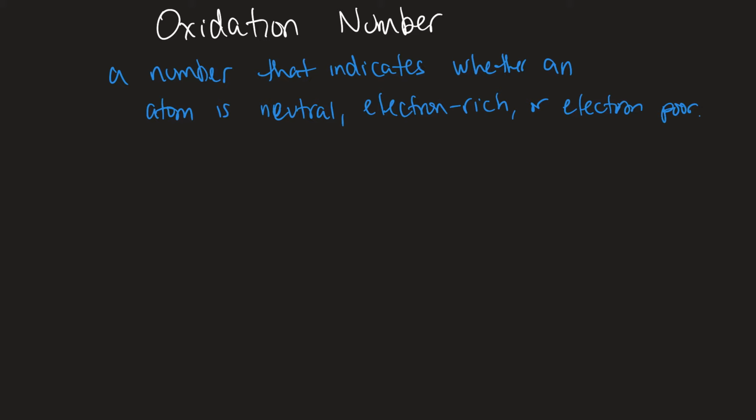So, first rule: if you have an atom that's at its elemental state, so for example, like sodium or H2, Br2, where you don't see any charges, the oxidation number for these is always 0.